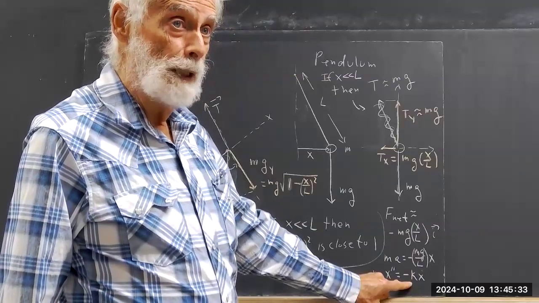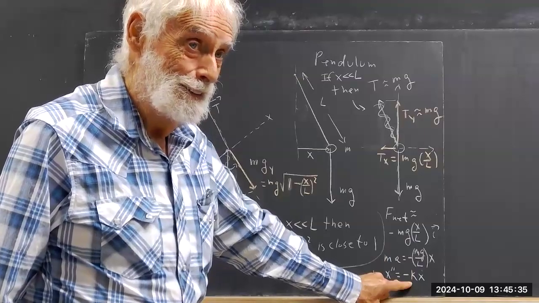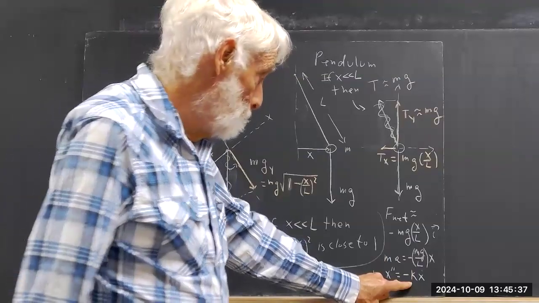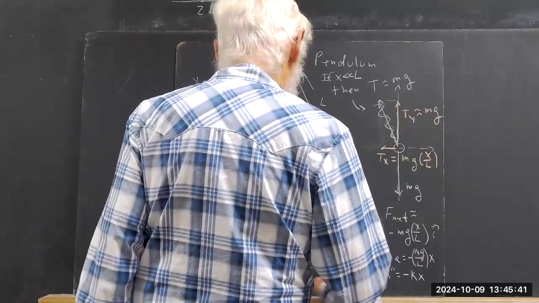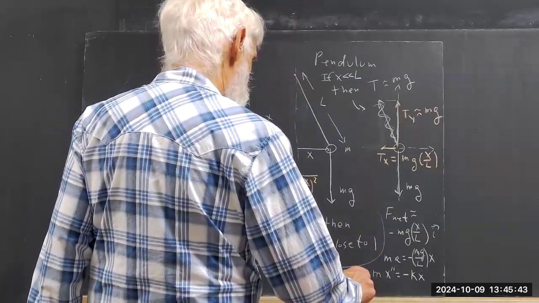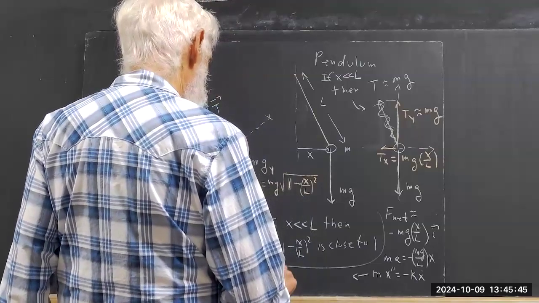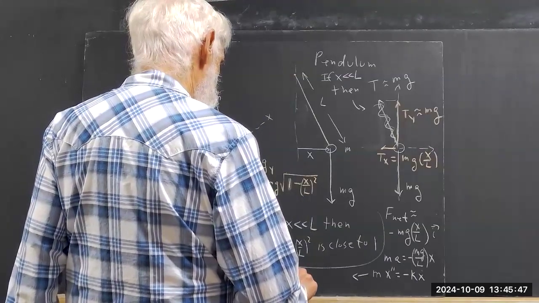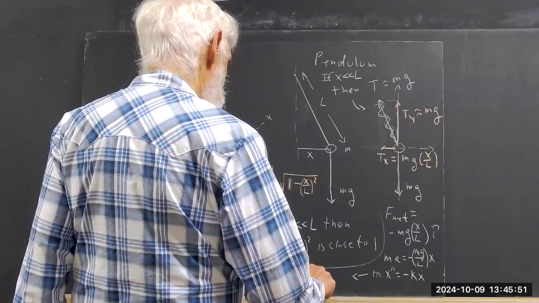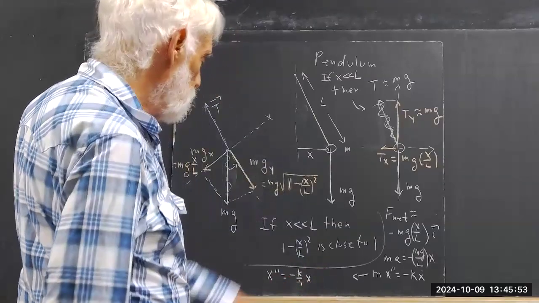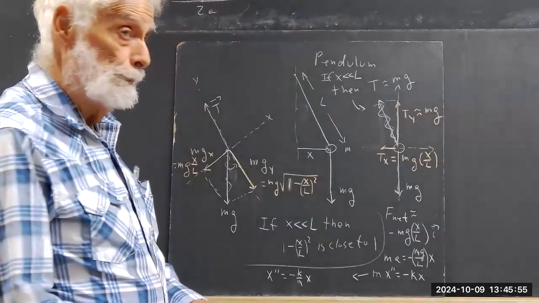K standing for compact. Okay. And this tells us that x double prime equals negative k over m times x.